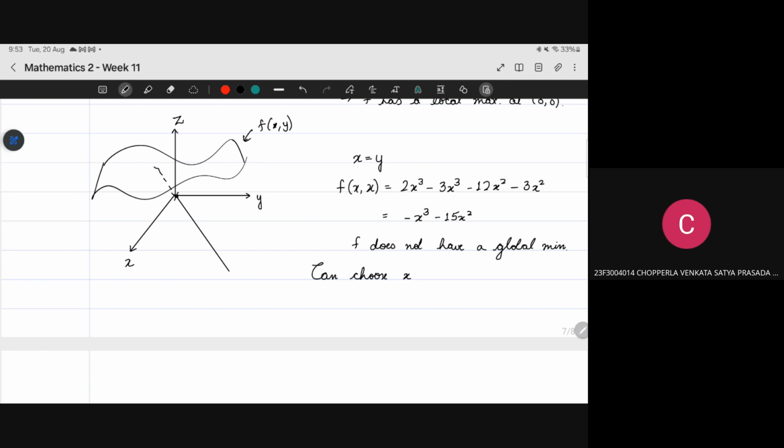Now, what does it mean to have a global minimum? f has a global minimum implies there exists some number m such that f of x comma y is always greater than or equal to m, right?